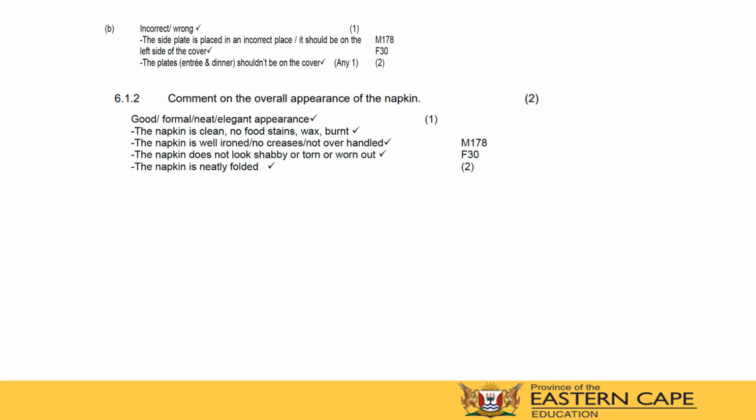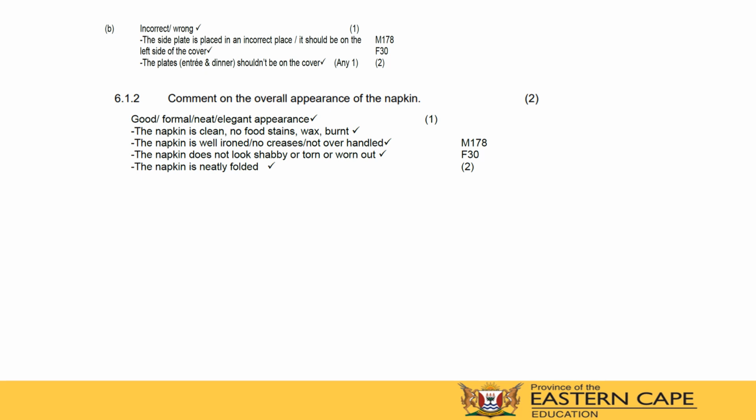If by any instance the picture had stains or burnt marks, or it was not ironed, you would then say it is not a good appearance because it is not ironed, it's got stains and burnt marks, or it has been untidily folded, etc.